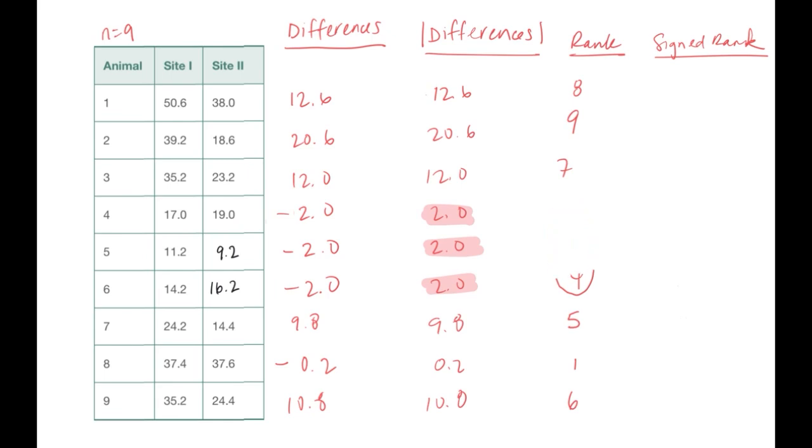So I'll erase them all and give them all the same rank of their average rank, which is 3. If you do it that way, then you can continue the rest of the problem the way we did before, just using these averages for your ranks for the tied differences.